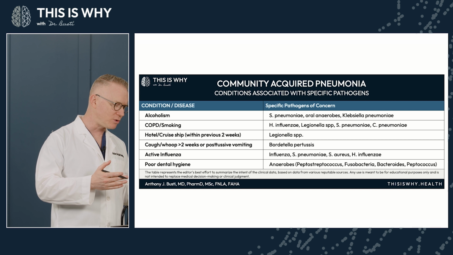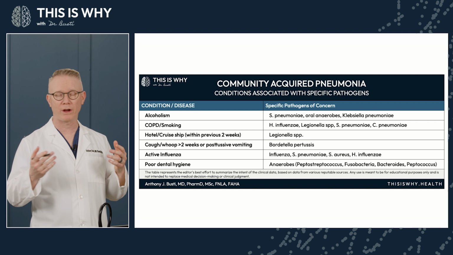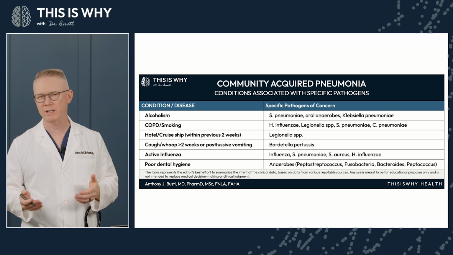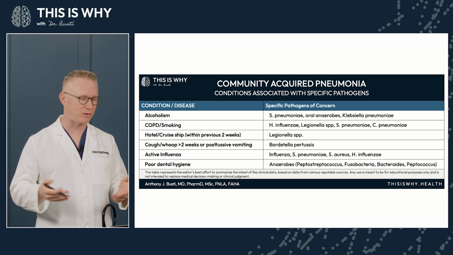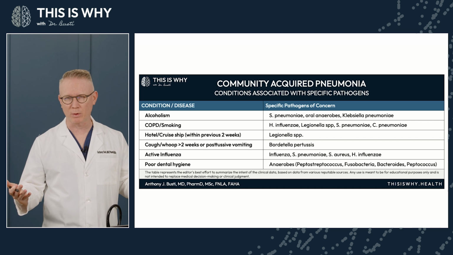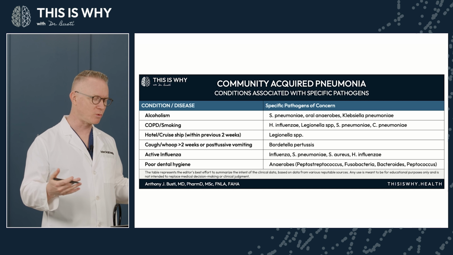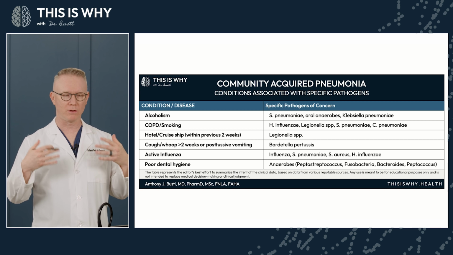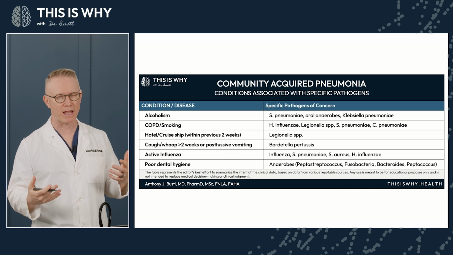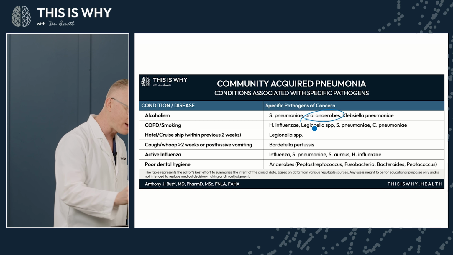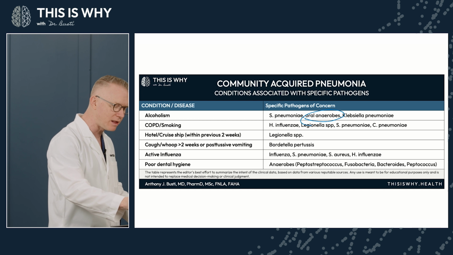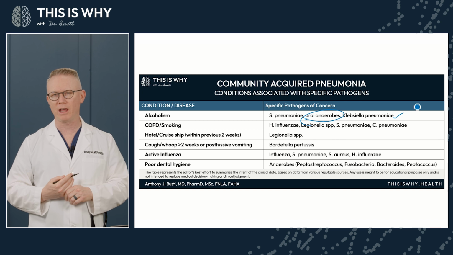If you have a patient who is a known alcoholic, they're going to have more anaerobe risk. Why? Because they're more likely to have altered mental status, pass out, maybe vomit, and aspirate. That's where the oropharyngeal organisms, even things from our gastrointestinal tract, can be considered, and that's where oral anaerobes come up. You see Klebsiella pneumoniae listed here.